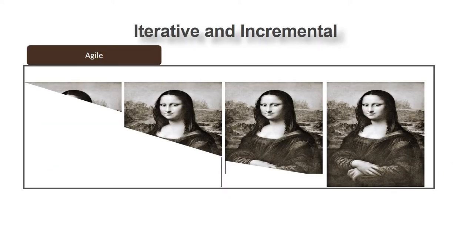Now, this is the iterative and incremental approach. What does it say? Agile says work in small batches and get feedback. Once you get feedback, add on to the stuff that you have already done, then get feedback again, until you actually finish the product.